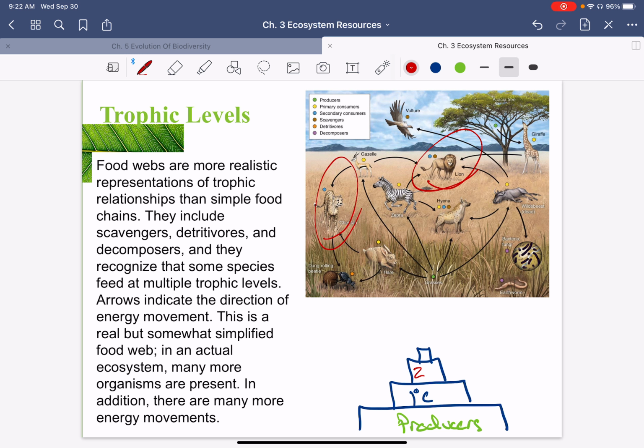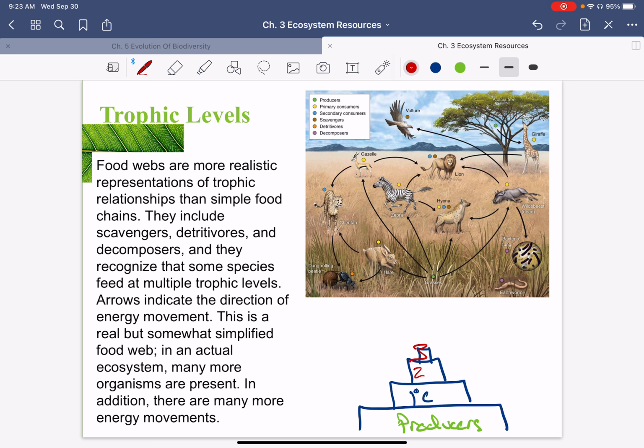Cheetahs will also be a scavenger. Even though they don't like to eat a lot of things that are already dead, they'll certainly do it. So don't get caught up too much in that kind of an idea. And then sometimes we'll have, let me put this one right up here, a top predator that's actually hunting all of those.